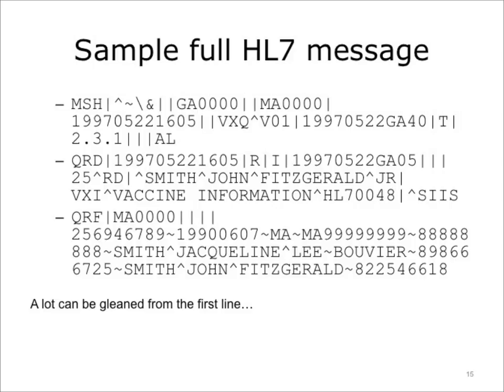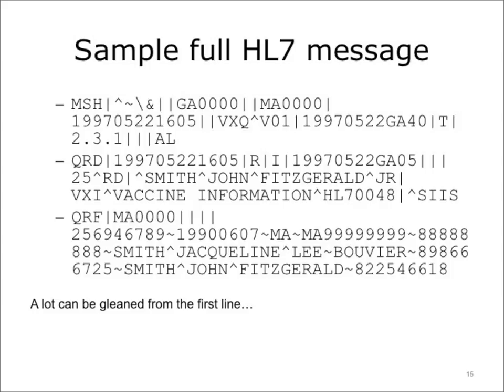Now let's examine a sample full HL7 message, in this case, a vaccination history query message. We see that there are 3 full segments, starting with the codes MSH, QRD, and QRF, and which contain many fields of data. A lot of information can be determined in the first line of the message, which begins with the code MSH.